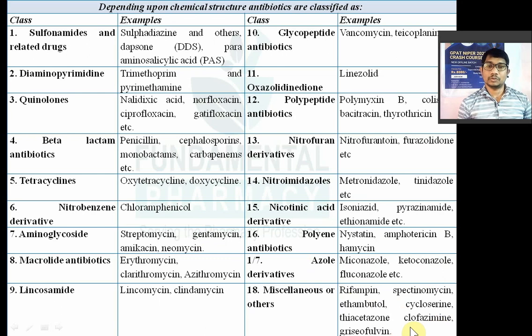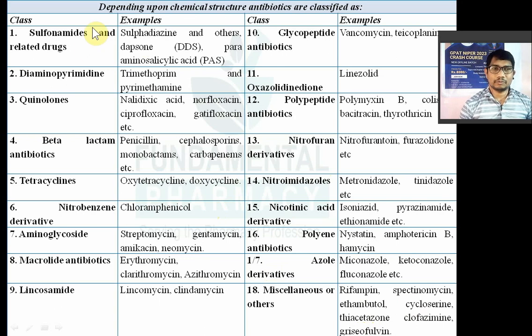Out of that, griseofulvin is an antifungal agent. Clofazimine is used in the treatment of leprosy mostly; tuberculosis is also treated. Ethambutol is a drug used in tuberculosis. So this is the classification according to the chemical structure of antibiotics.